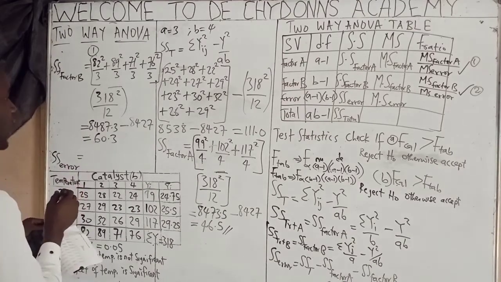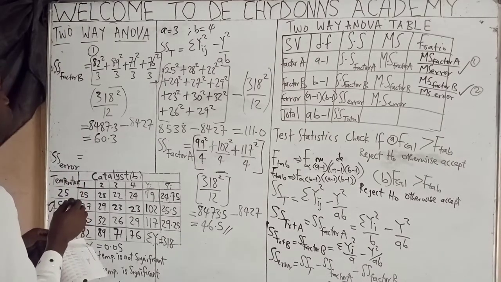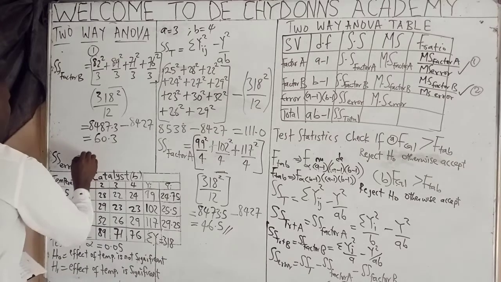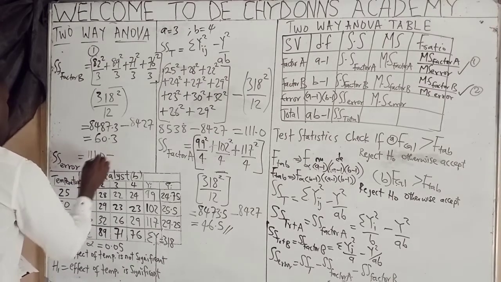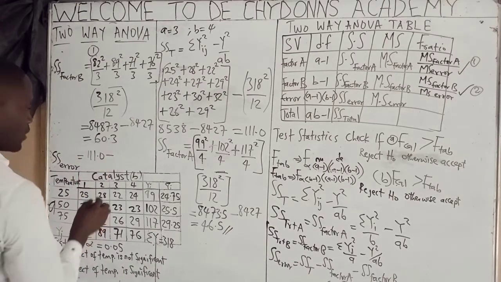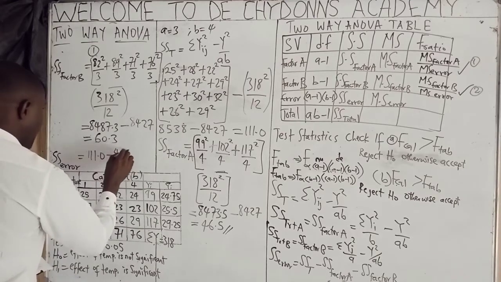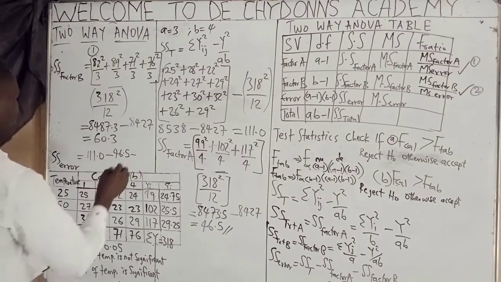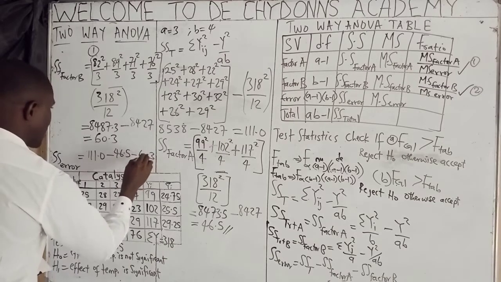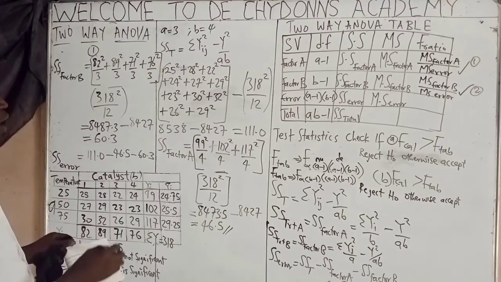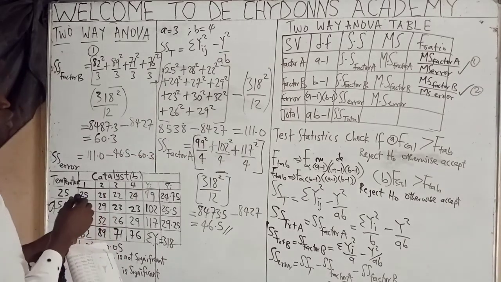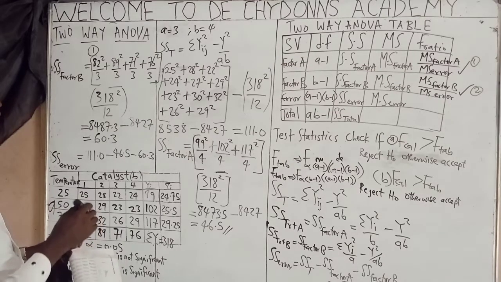Our SS total is 111.0, minus SS factor A, which is 46.5, minus SS factor B, which is 60.3. When you subtract it, you will get an answer for SS error.